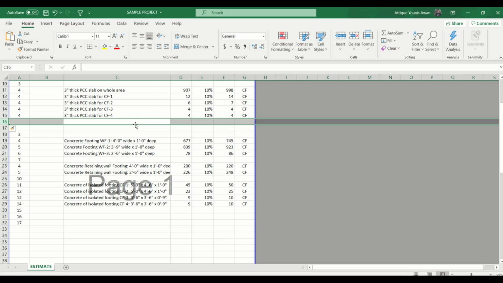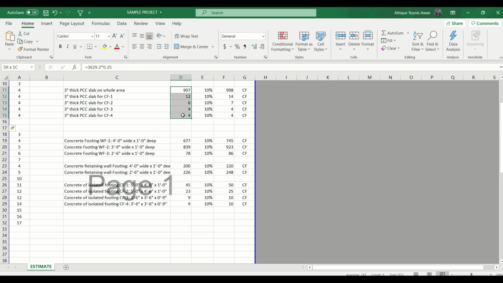Let's jump directly and see how much concrete we are going to need for this PCC. This is all the PCC we are going to have. First of all, I am going to get the sum of all these quantities. This is the sum of the PCC which we are going to need in our project.